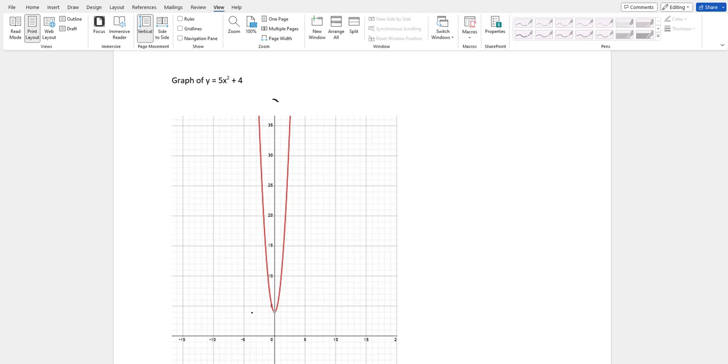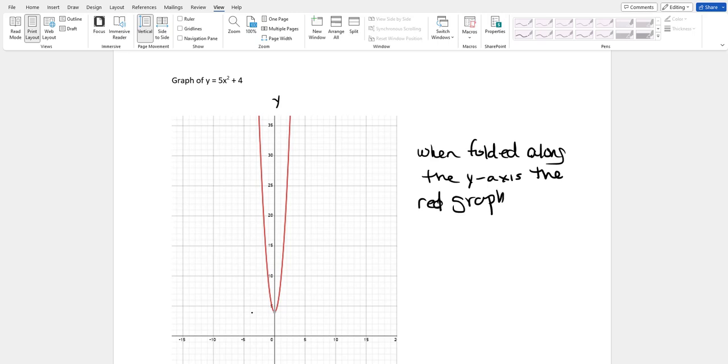Okay. So now let's do another problem. We got x is equal to 3y to the fourth minus 2. Let's check to see if it's symmetric about the x-axis. And to do that, once again, we're going to set y equal to negative y. So whenever I see a y in this problem, I'm going to change it to negative y.